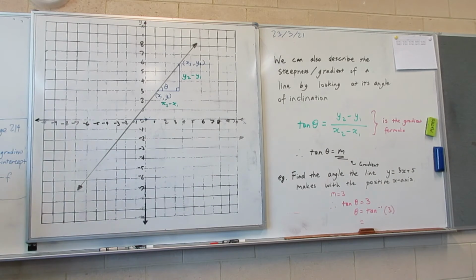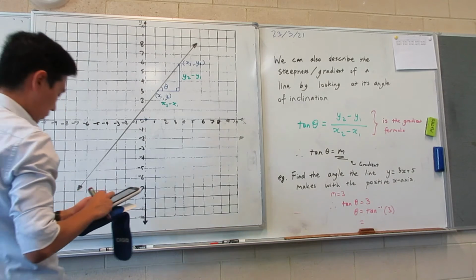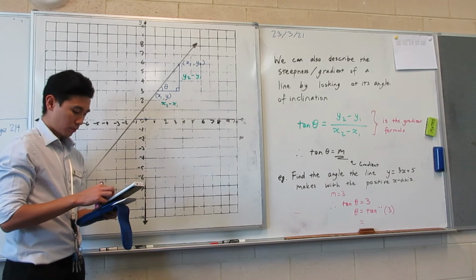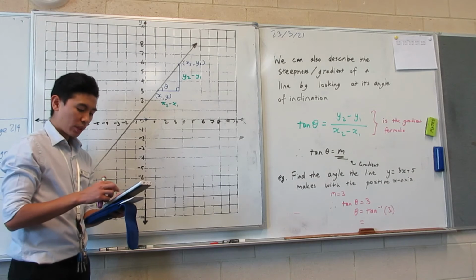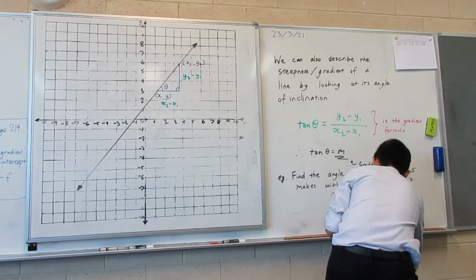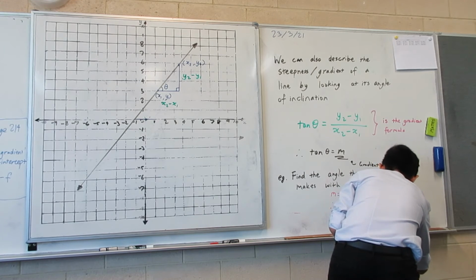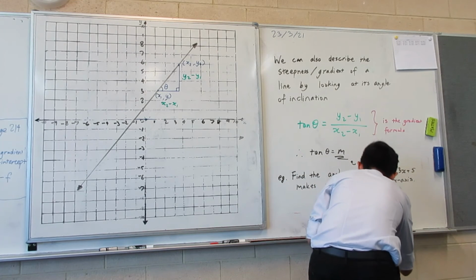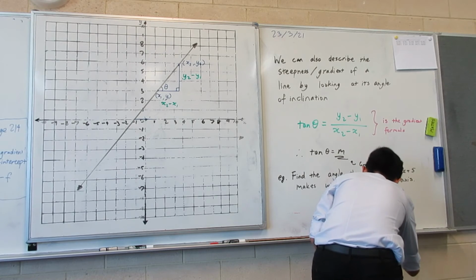Put that into your calculator, remembering that your tan negative 1 shows up in your trig keyboard. 71.565. Making sure that your calculator is in degrees. Or to the nearest degree is just going to be 72 degrees.